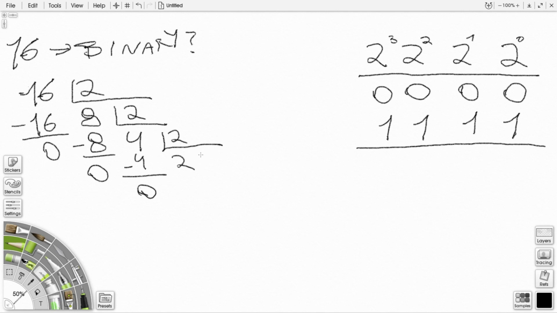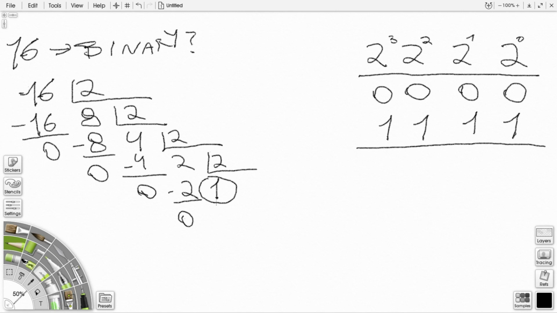But 2 is not less than 2, right? So 2 is equal to 2. In this case, we're going to have to divide 2 by 2 again. So 2 divided by 2 is 1, remainder 0. Now if we go backwards, this is going to be on the left.